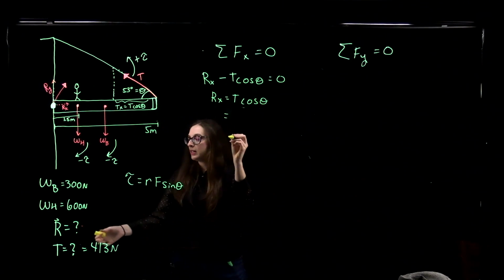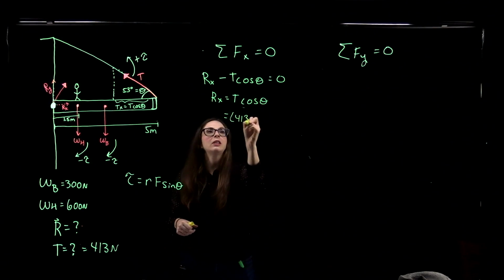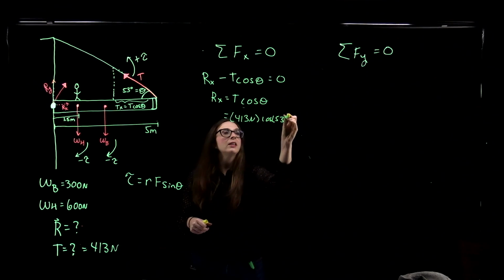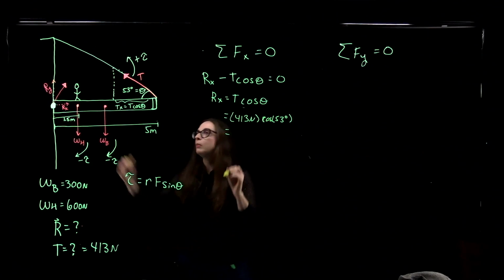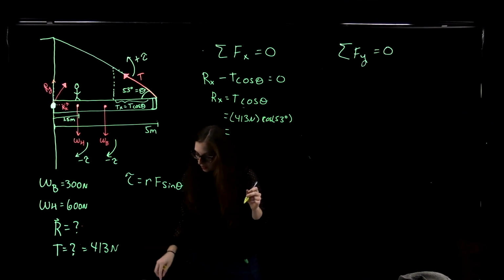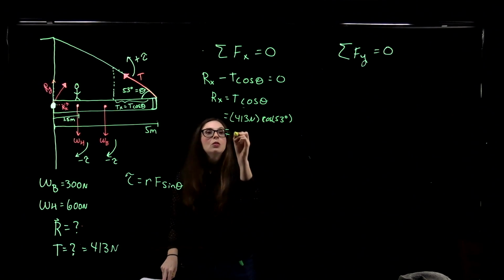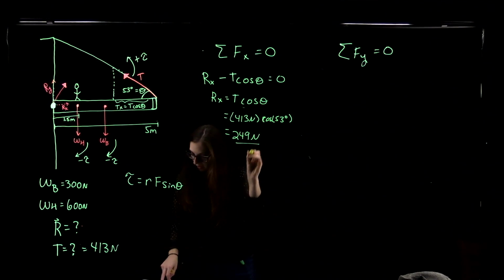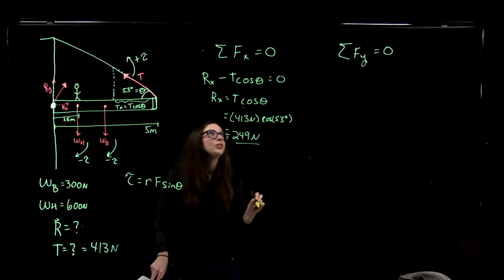So if I plug in the tension that we just found, 413 newtons, times cosine of my angle 53 degrees, then the x component of the force that the wall is exerting on the beam is equal to 249 newtons.